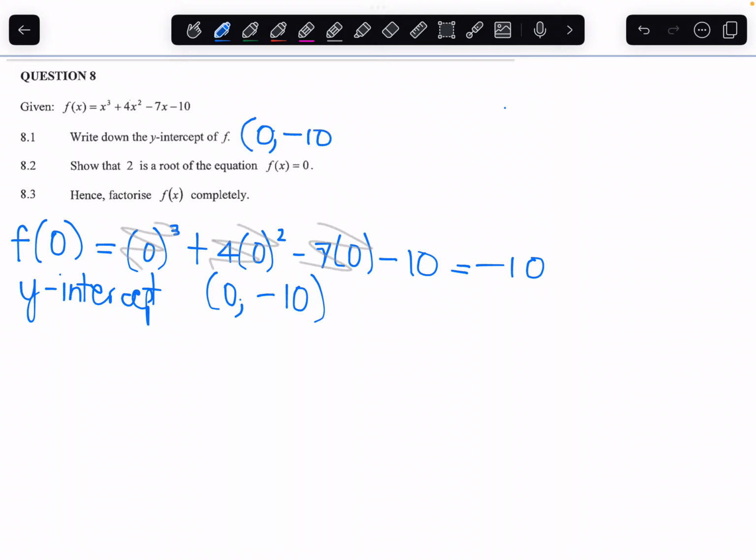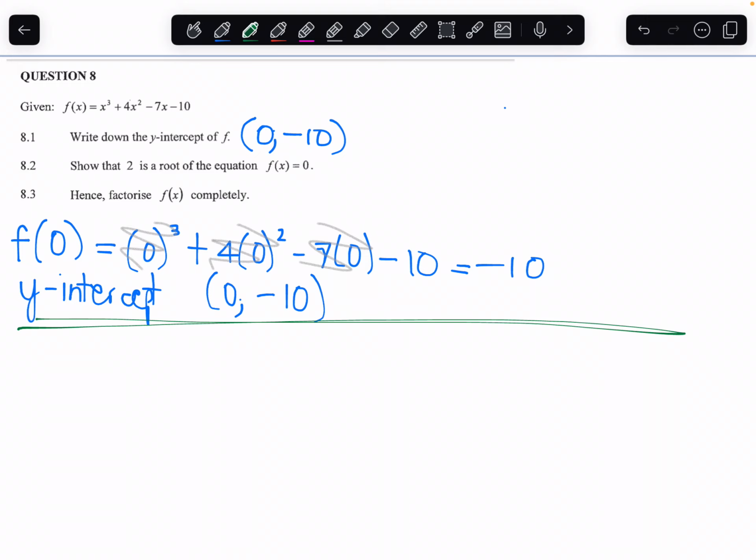Y-intercept occurs over here. Right, next question says, show that 2 is a root of the equation f of x is equal to 0. Right, so in other words, if we substitute 2 everywhere where we see an x, does this expression end up equaling 0?